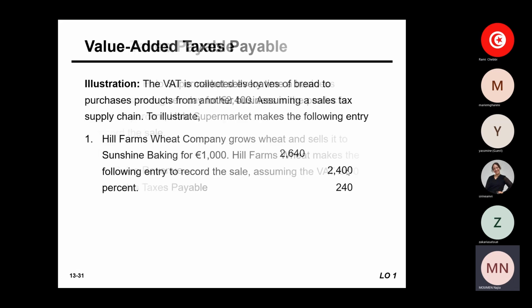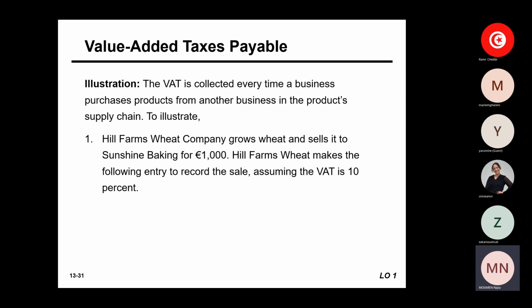The concept is different regarding value added taxes, because value added taxes are actually paid by some businesses. As a business, I will be paying value added taxes on my purchases, and at the same time I will be collecting value added taxes when I sell my products.